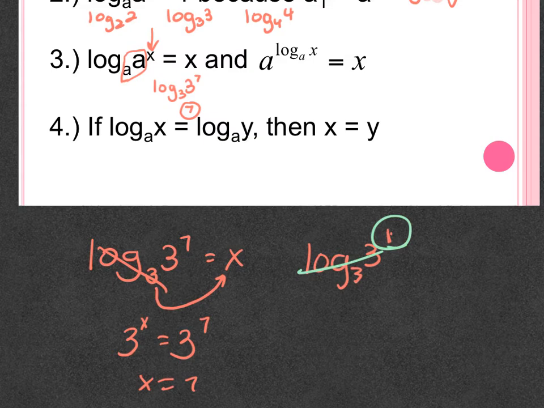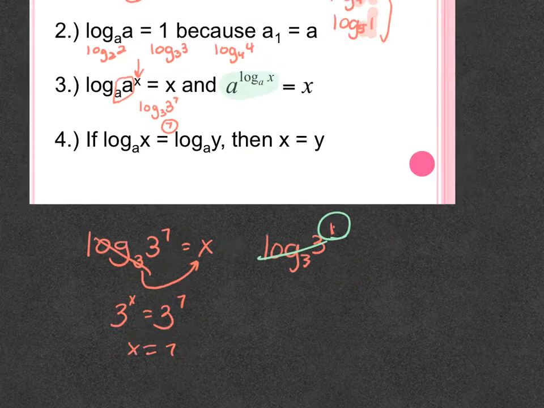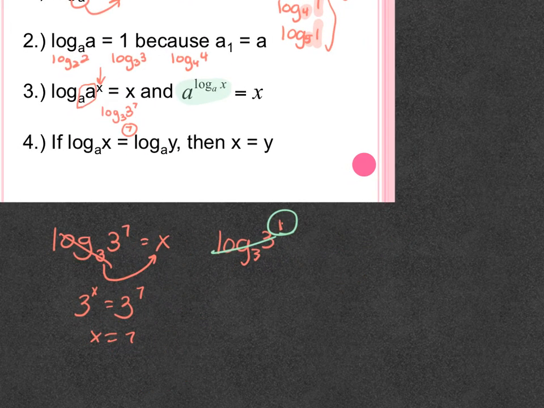And then the reverse of that is this. If it's in exponential form, so if I had 3 to the log base 3 of 7, if the base on the exponential form and the base on the log are the same, I can also cancel through those to keep the big part of my exponent log.